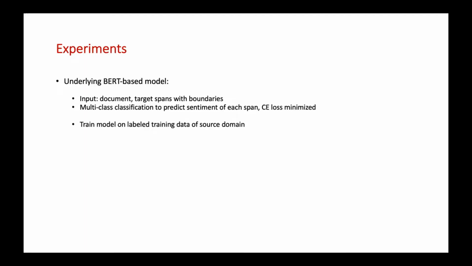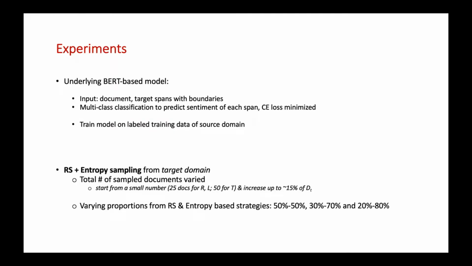For each cross-domain setting, we train the model on labeled training data of the source domain. And now for the sampling strategy for the target domain, we vary two things. One is the total number of sample documents. So we start with a small number, around 25 documents for restaurants and laptops, 50 for Twitter, and increase that up to about 15% of the target domain training data.